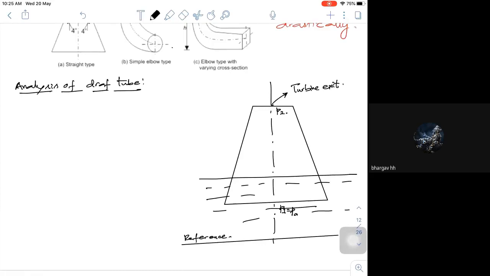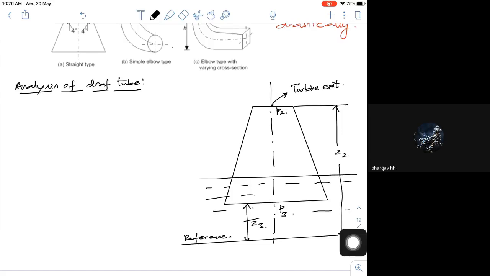Okay, here some reference. And this will be my Z3, and this is your P3. Let me call that as P3, and this is your Z1 or Z2. Sorry, this is your Z2 from your reference.